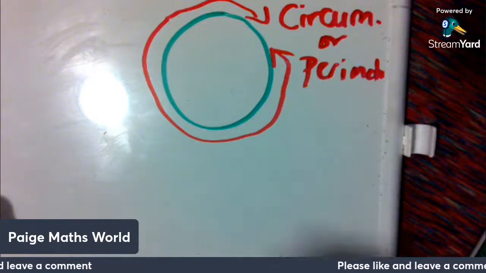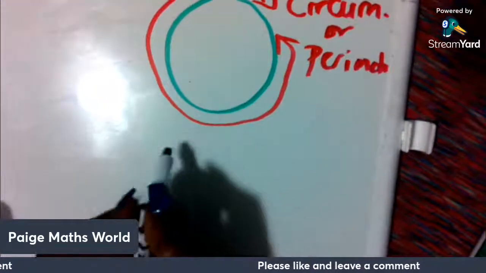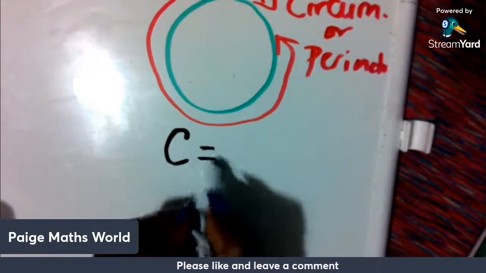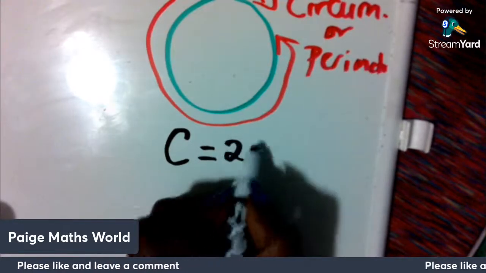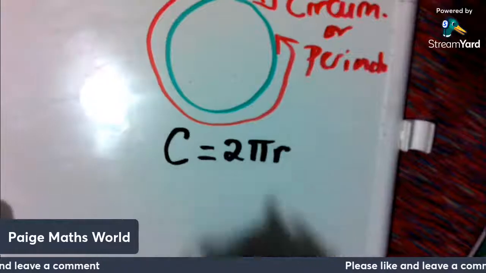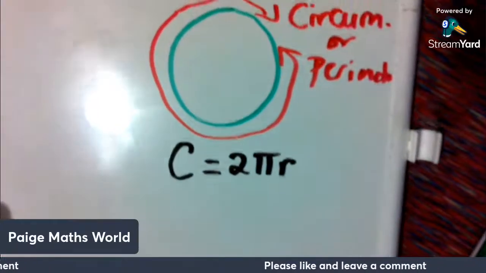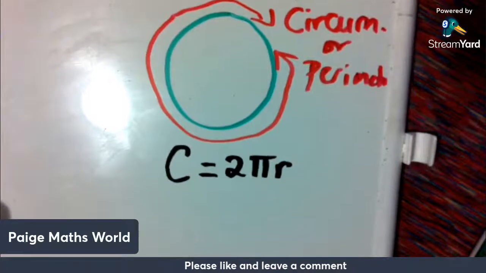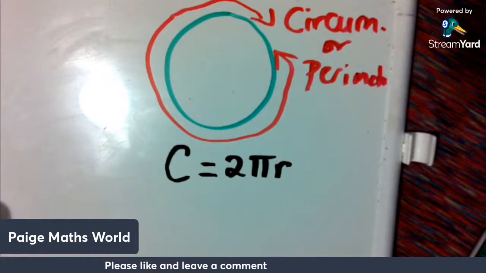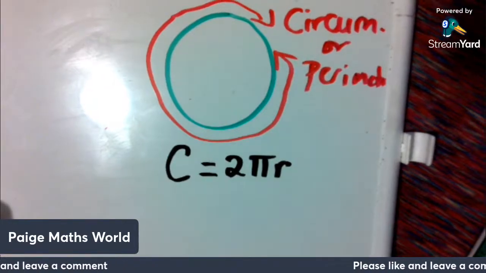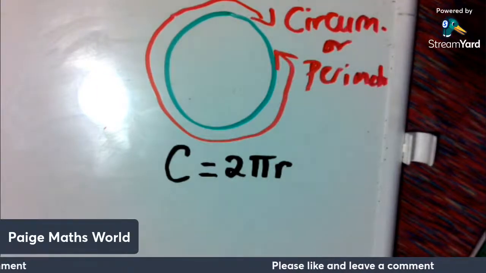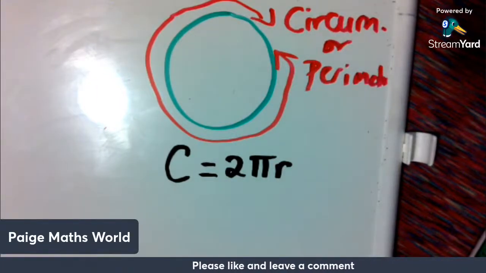Now, how to find the circumference, you have that big C. Circumference is always equal to 2 pi r, right? So the circumference of a circle is 2 pi r. What does pi mean? Some persons are wondering what in the world is pi. No, it's not what you eat, but it is a number.